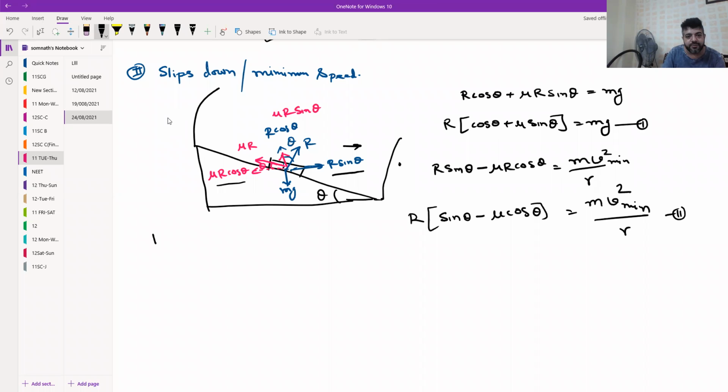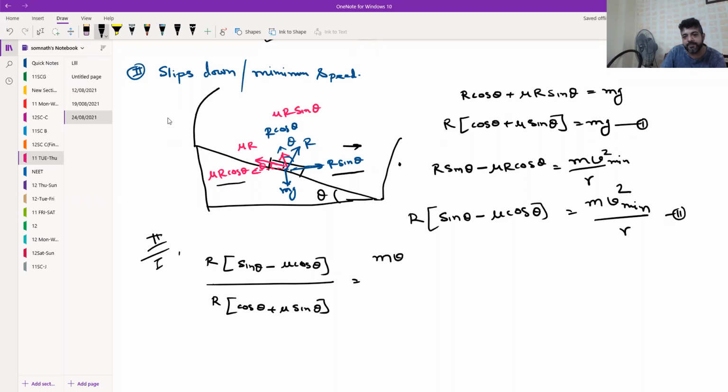Now dividing equation 2 by equation 1, we can write r (sin theta minus mu cos theta) by r (cos theta plus mu sin theta) equals m v minimum square by r by mg, that is v minimum square by rg.